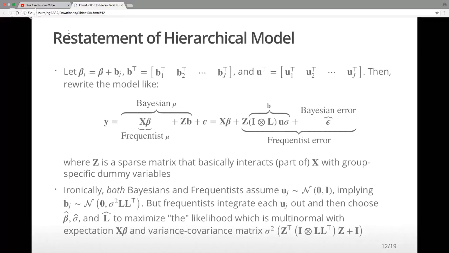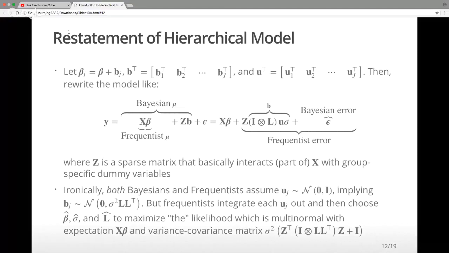And we can equivalently write that as X times beta plus Z times the Kronecker product between an identity matrix and the Cholesky factor of the covariance within groups, multiplied by one of the elements of the U vector, multiplied by sigma, which is the standard deviation of the errors.